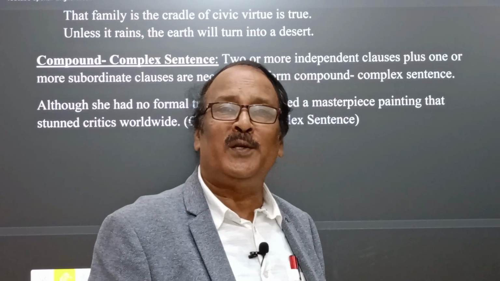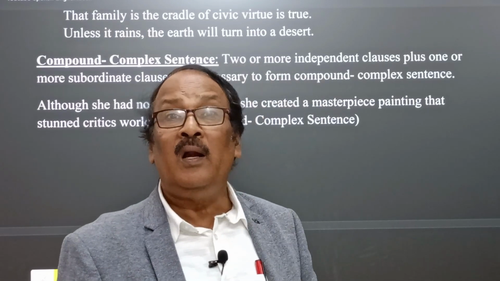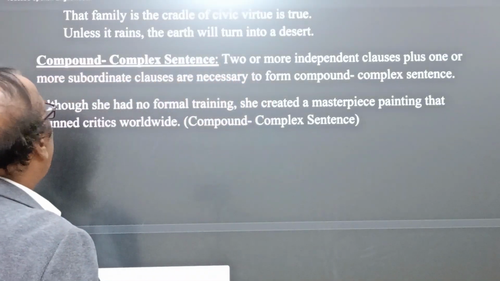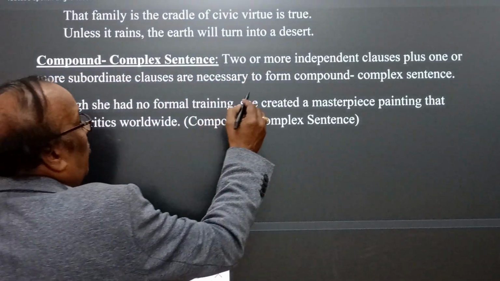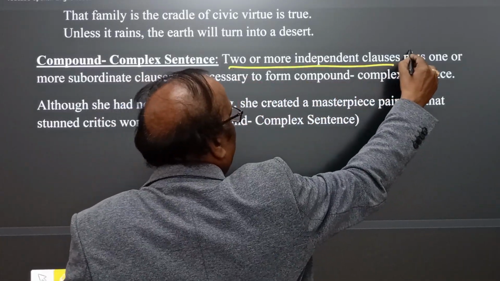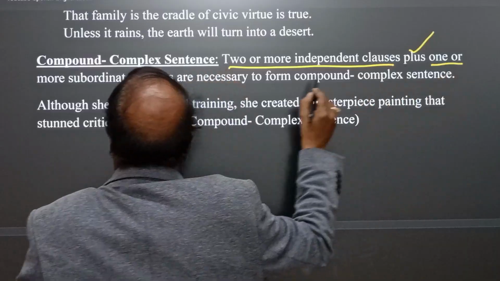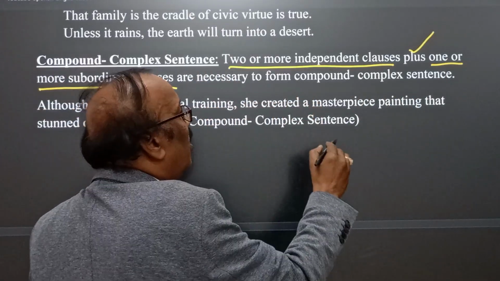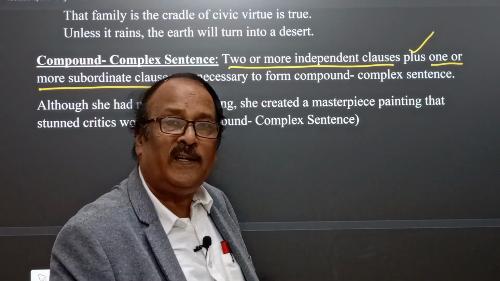This is a combination of both compound and complex sentences. Listen here, we find two or more independent clauses plus, in addition, one or more subordinate clauses are necessary to form a compound complex sentence.